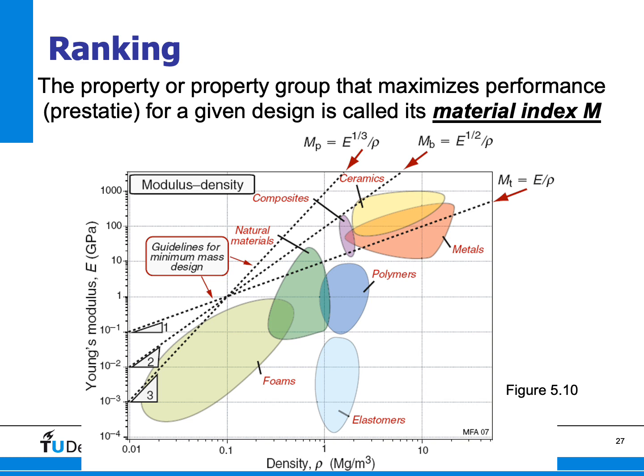In other words, you have three different material indices derived for three different conditions that we will not go into now, but it leads to three different graphical representations of the material index.